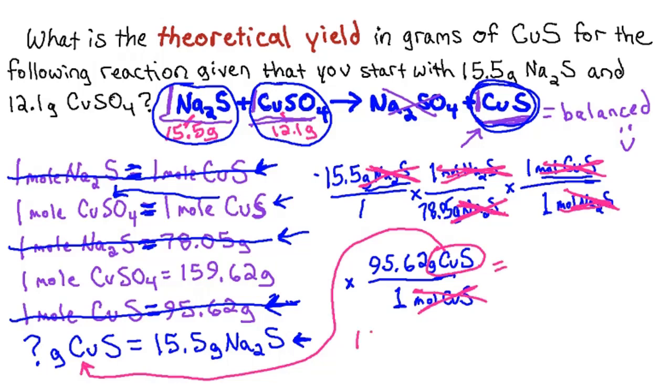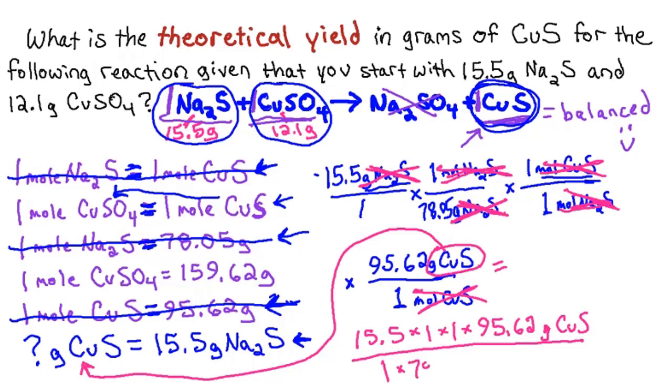So we end up with 15.5 times 1 times 1 times 95.62 grams of CuS over 1 times 78.05 times 1 times 1.